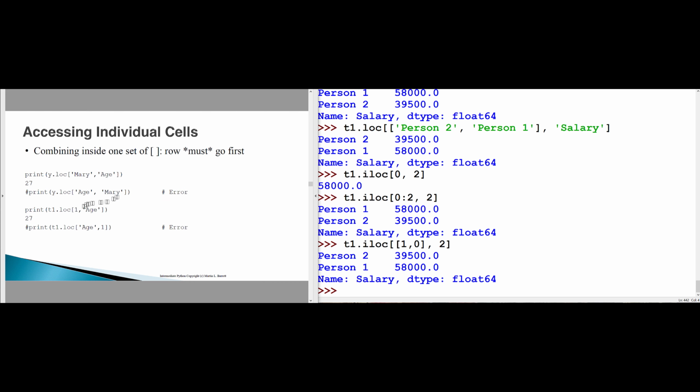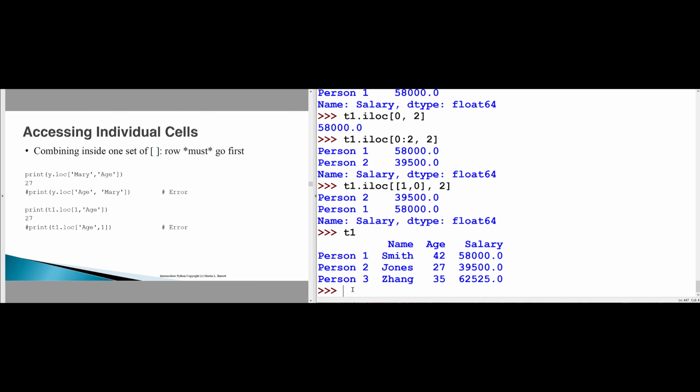If I give column row, that's an error. Okay, T1. I believe this is just going to be an error. I think this one here, where I give a row number and a column.